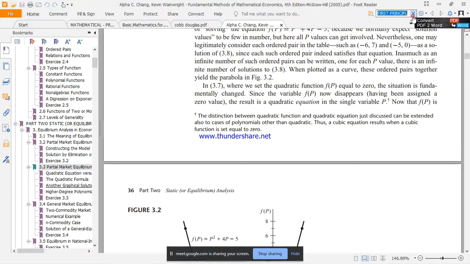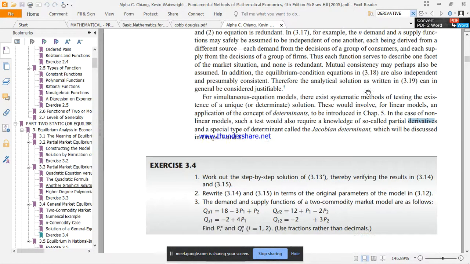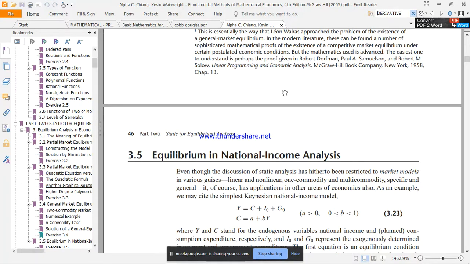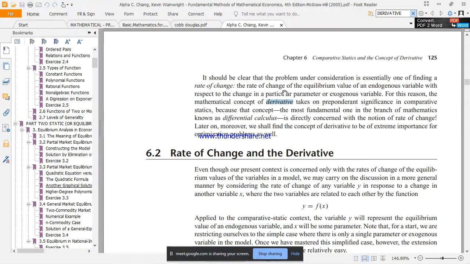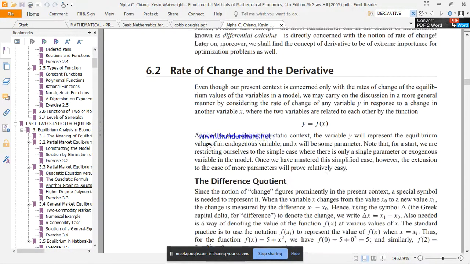Okay. Let me just search for something. Derivatives. Gosh. Okay, good. I found it.